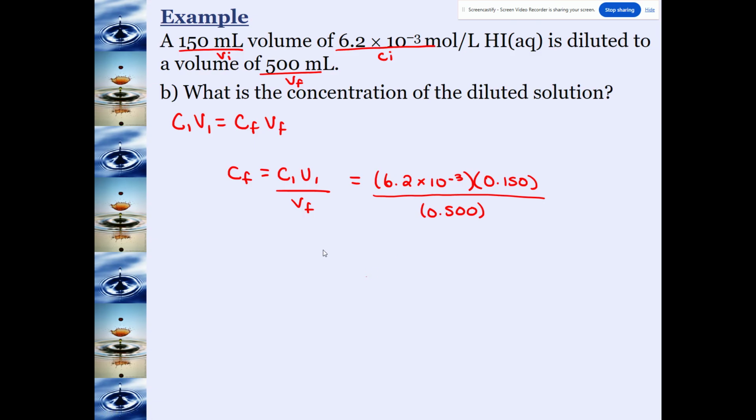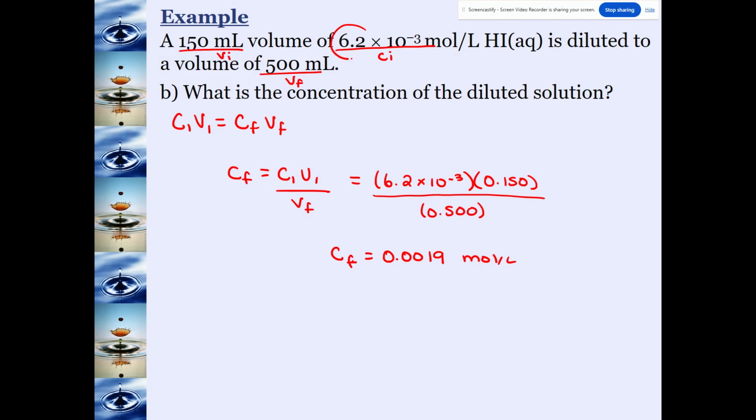So we get a final concentration of 0.00186 moles per liter. Now, I can put that into scientific notation, 1.86. Actually, it looks like we're only allowed 2 sig digs. So I'm going to actually have to round this off at 1.9.